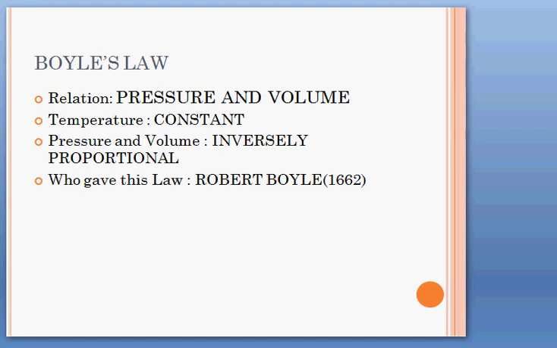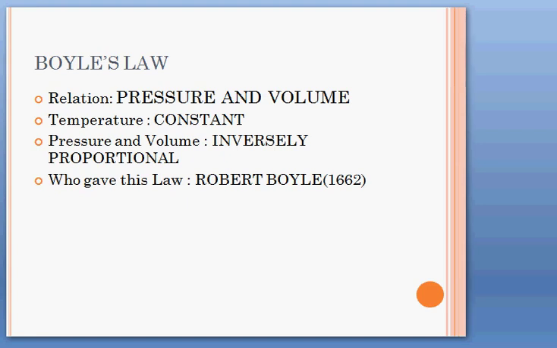That is, Boyle's law is a relation of pressure and volume, keeping temperature constant. And what is the relation between them? It is inversely proportional. Now what is inversely proportional? Inversely proportional is when pressure is increasing, volume is decreasing, right? And who gave this? A great scientist, Robert Boyle.